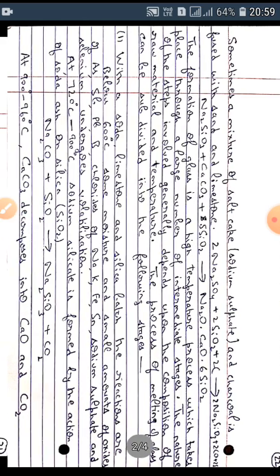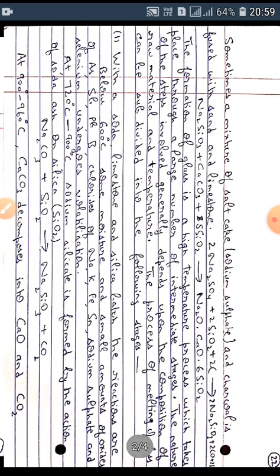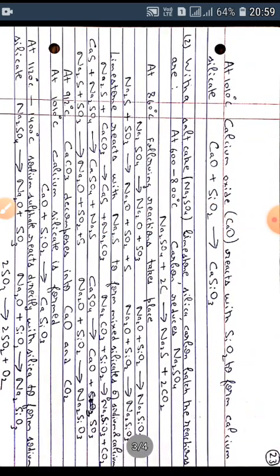The third step is at a temperature of 900 to 960 degrees centigrade: calcium carbonate decomposes into calcium oxide and carbon dioxide. At a temperature of 1010 degrees centigrade, calcium oxide reacts with silicon oxide to form calcium silicate. The equation goes as CaO plus SiO2 gives CaSiO3.